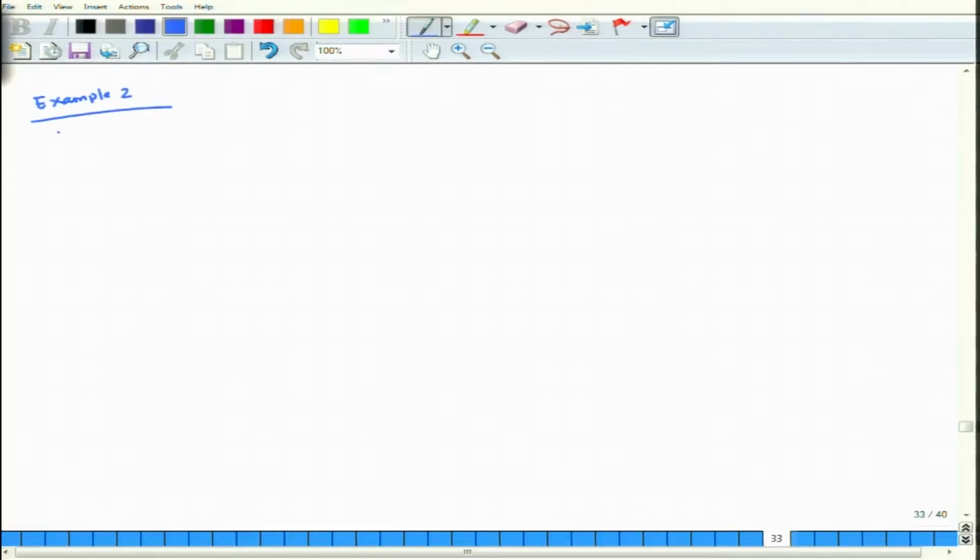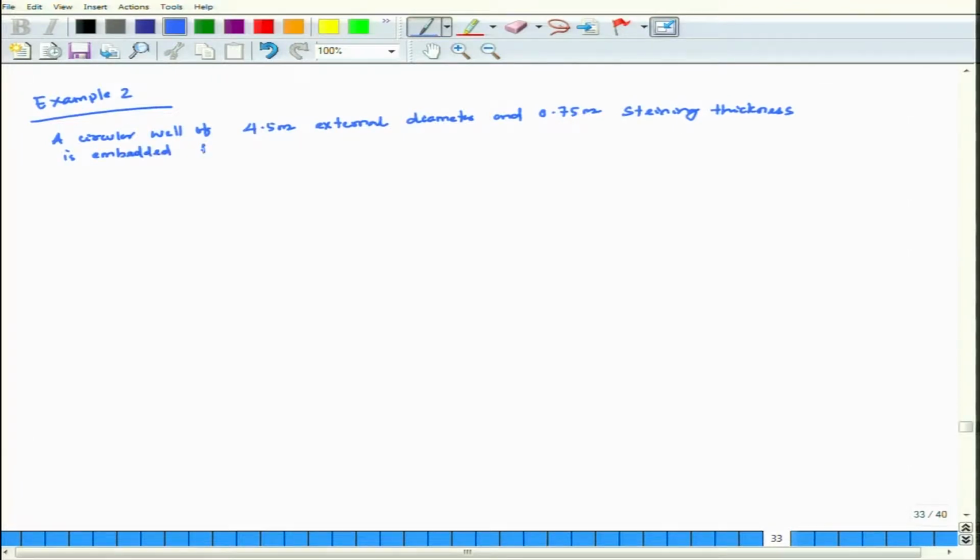Example 2, a circular well of 4.5 meter external diameter and 0.75 meter steining thickness is embedded to a depth of 12 meter in a uniform sand deposit.